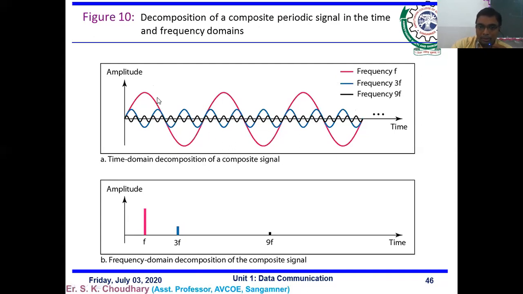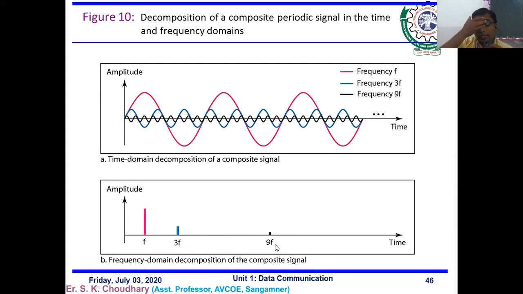And that time domain representation can be converted into the frequency domain by applying the Fourier series. You can see that only three spikes are required to represent it. The first is at the frequency f, having the highest amplitude A. The second is at 3f, having an amplitude of A/3, and the third is at 9f, having an amplitude of A/9.